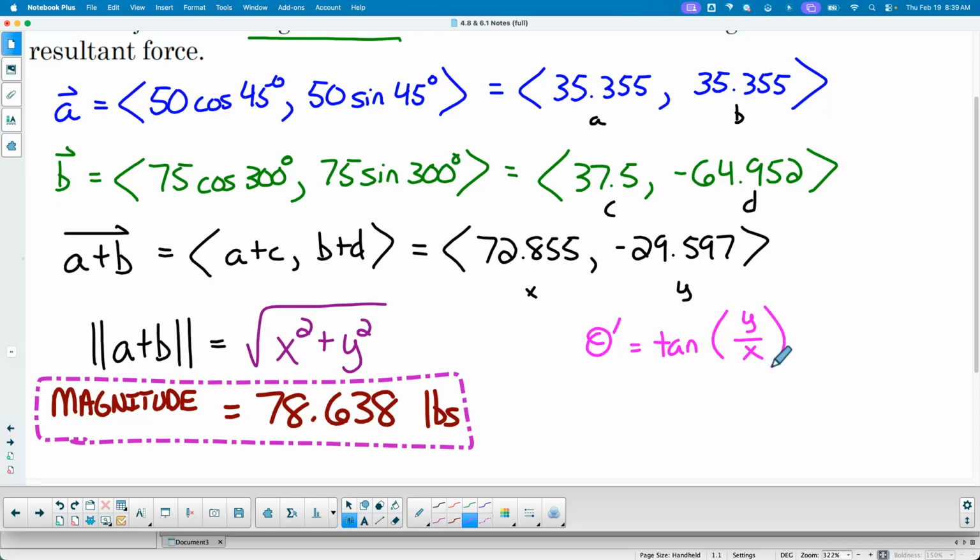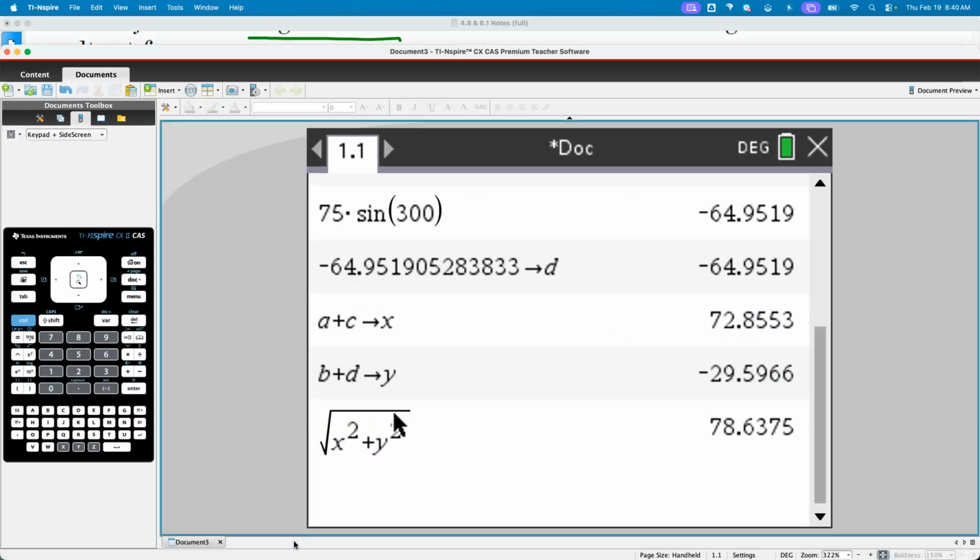Now, here is the downfall with the calculators. One of them is negative, and we need to drop that negative. So when I type it into my calculator, I'm going to go inverse tangent.